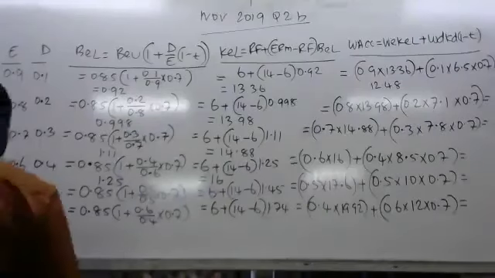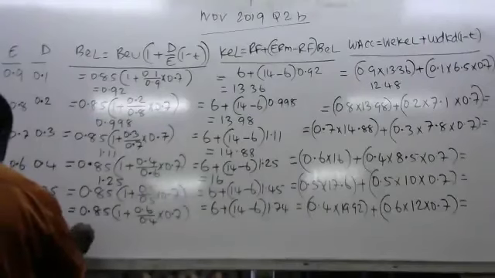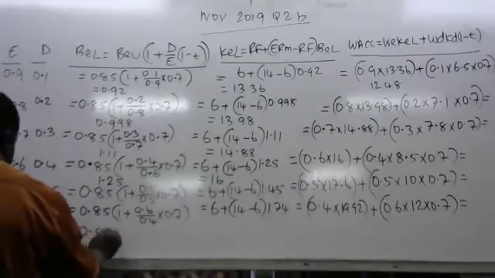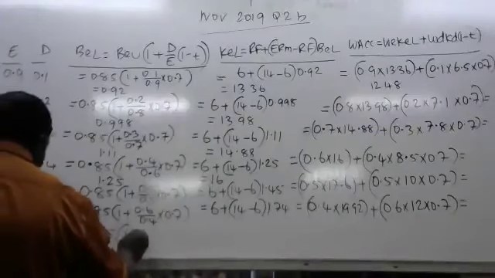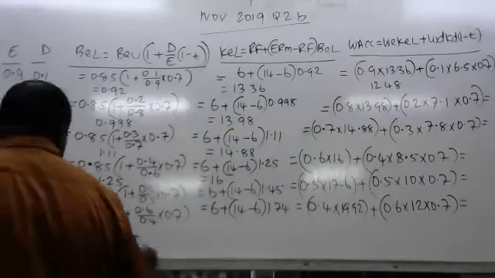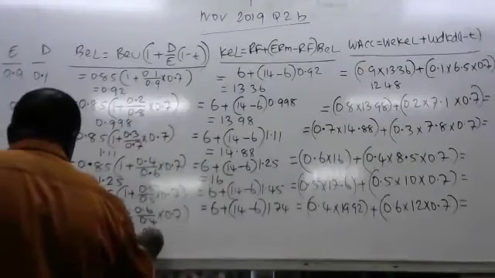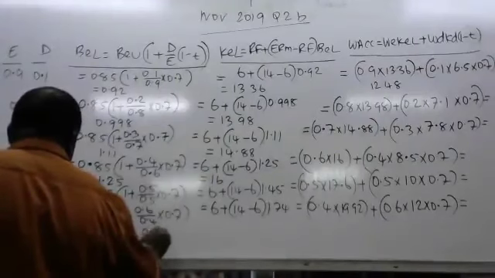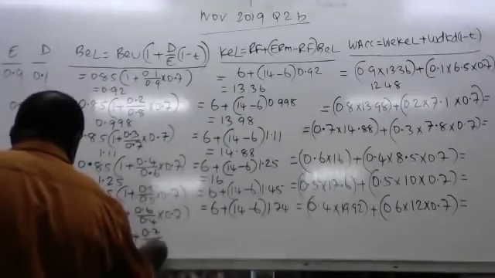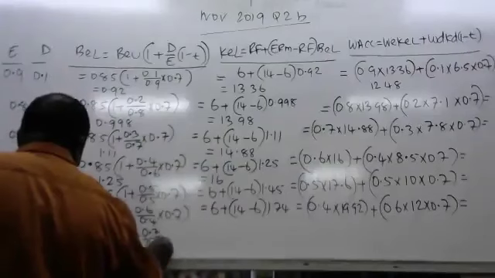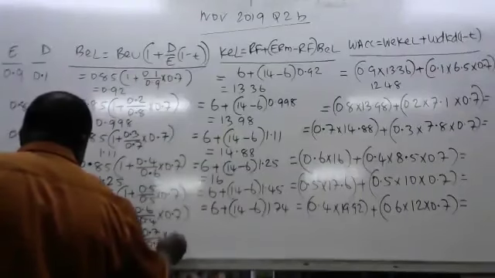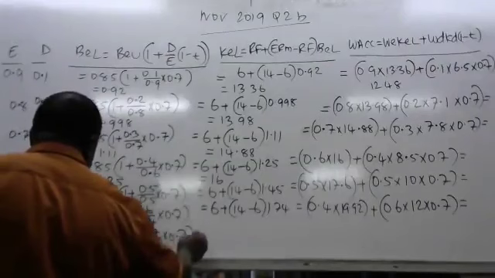So that we can also be able to have 0.85, 1, then we add 0.7 divided by 0.3, also multiplied by 0.7.